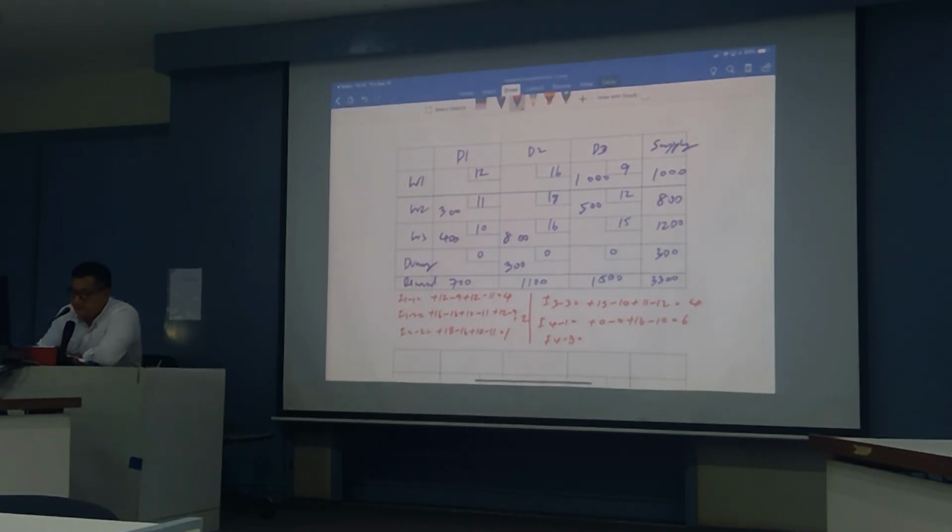Cell 4-3: plus 0 minus 0 plus 16 minus 10 plus 11 minus 12. So you're going to have 5. So that means optimal. Okay, this is the result.